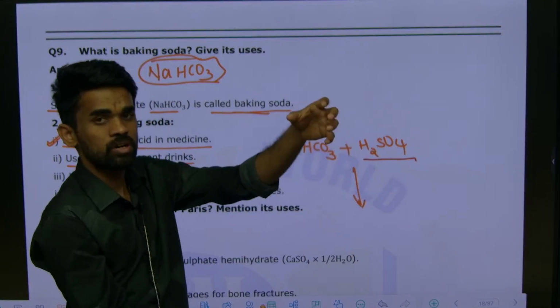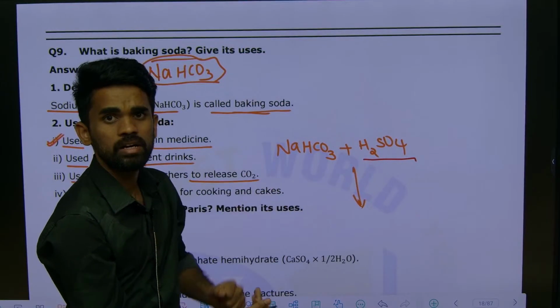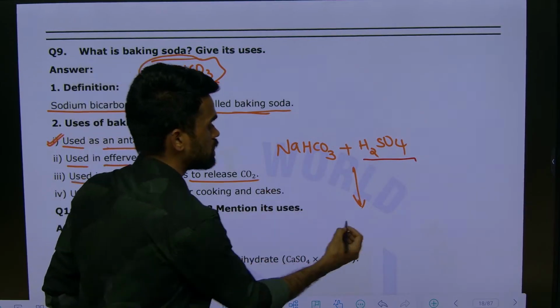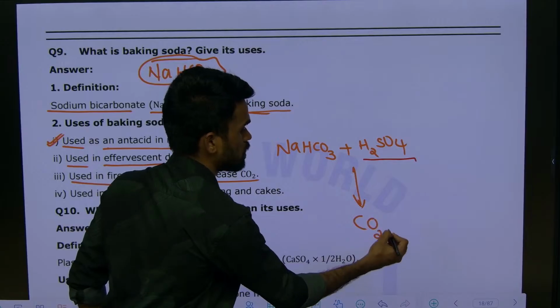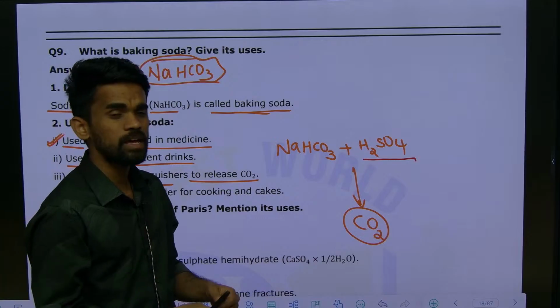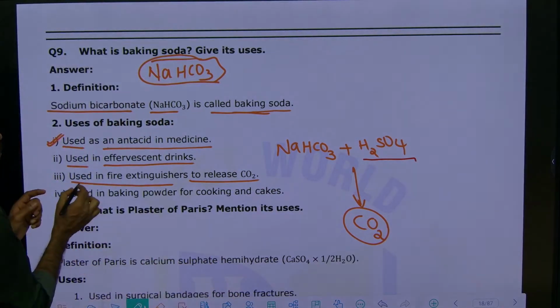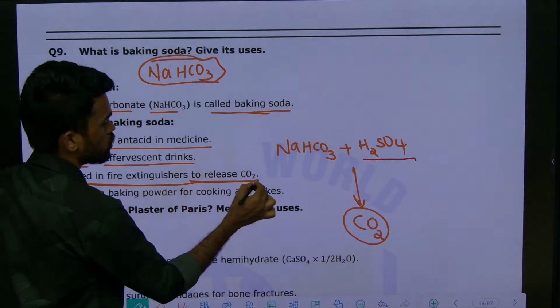Whenever you press the knob, the sulfuric acid falls into the NaHCO3 and releases CO2 gas. When this CO2 gas is spread on the fire, the fire gets put off. So it is used in fire extinguishers to release CO2.